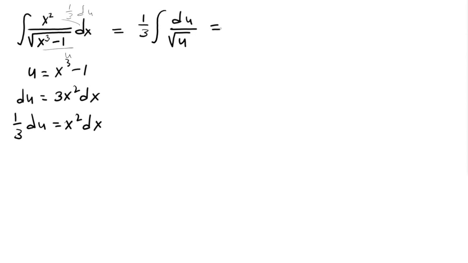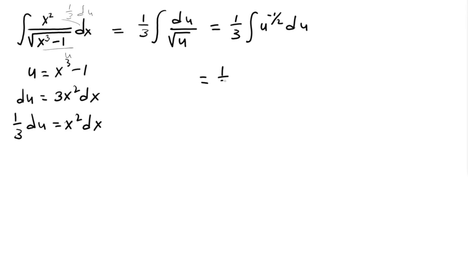I need to do a little more work here before I can take the antiderivative. 1/3, the antiderivative now. The square root of u is u to the 1/2 in the denominator, so when I bring it up, u to the negative 1/2 du, and now I can just use the power rule on it.